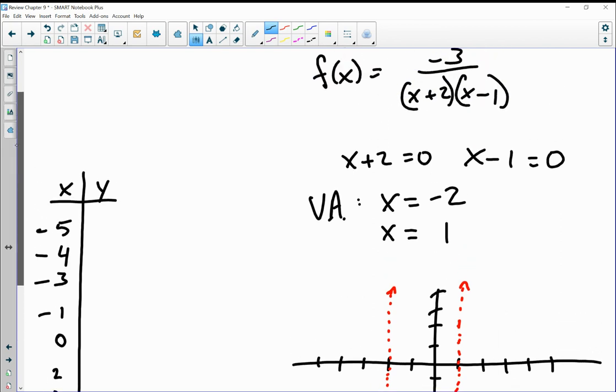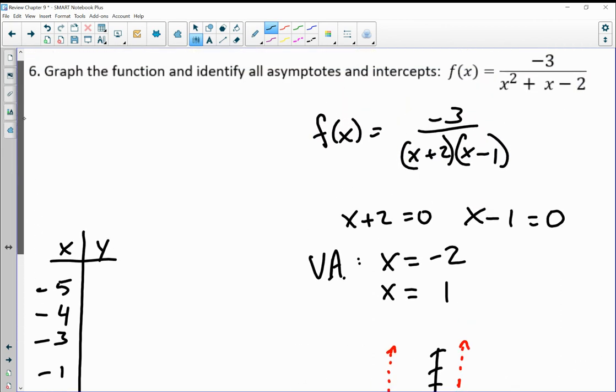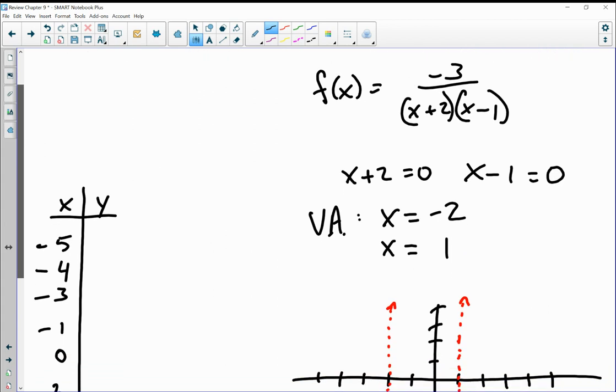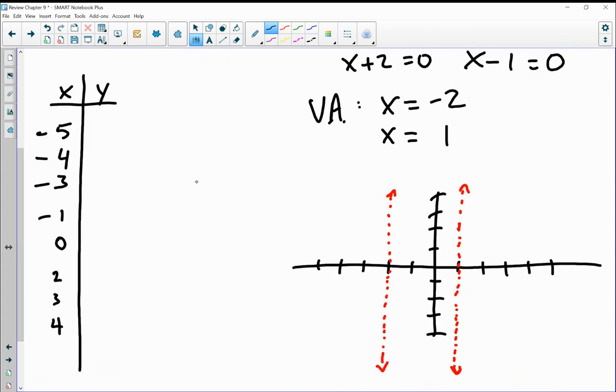-5. So we're going to plug into the factored version, make it a little easier. So we have -3 over -5 plus 2 and -5 minus 1.